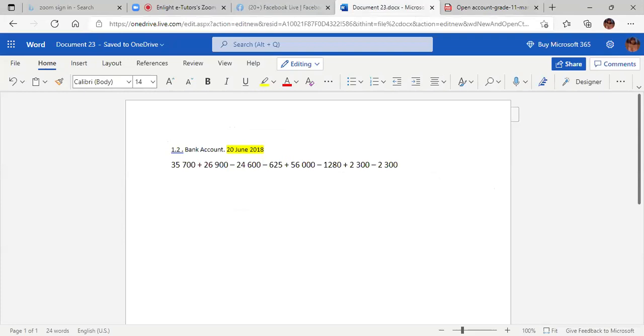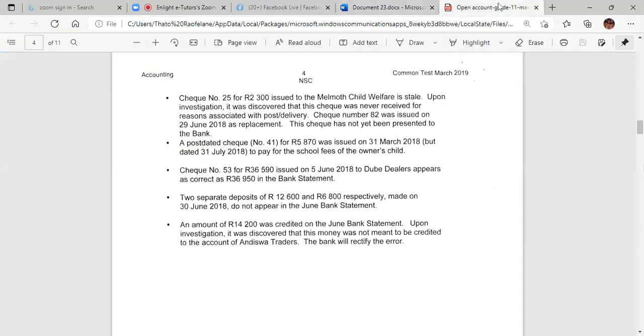Initially we had minus 2.3 because we were giving that money to the welfare. However, the check is stale, so the money still belongs to us. So we add 2.3 back, and then we wrote a second check for the 2.3. So we minused it again, but you will understand in context when you watch the recording.